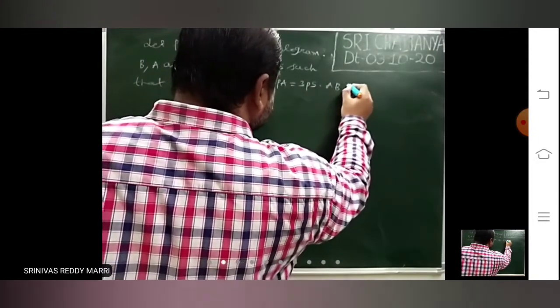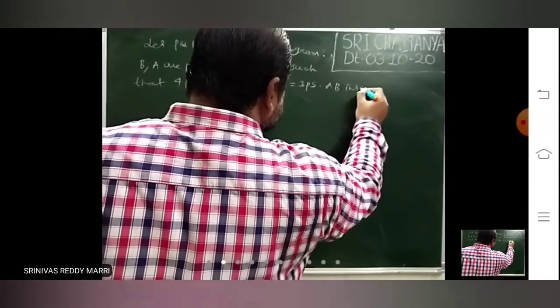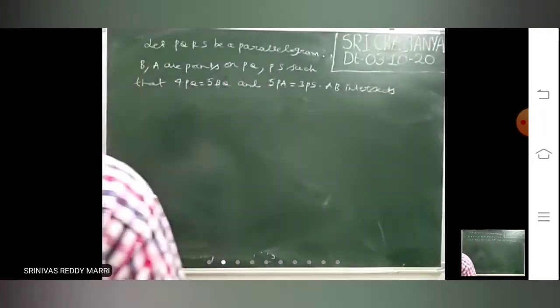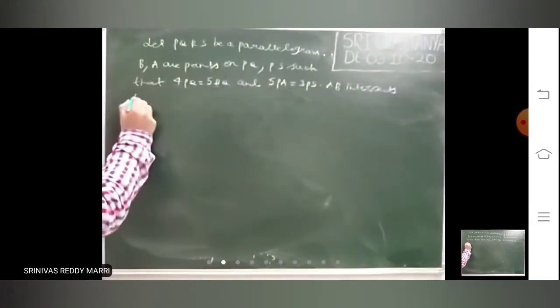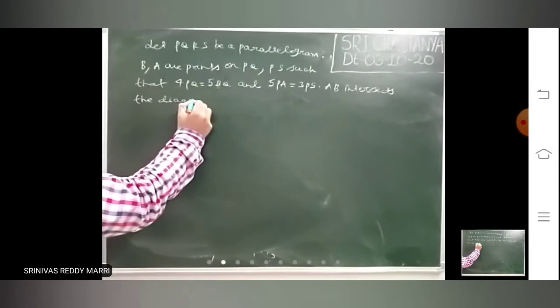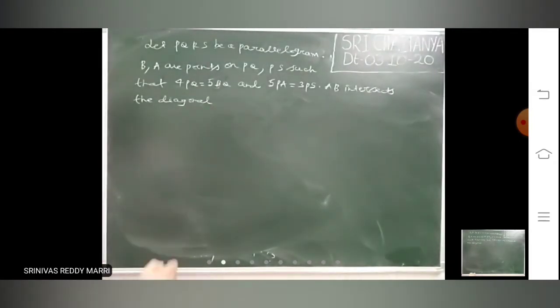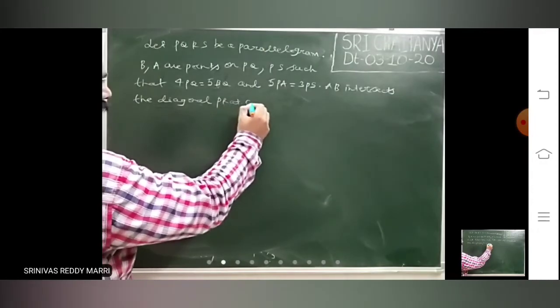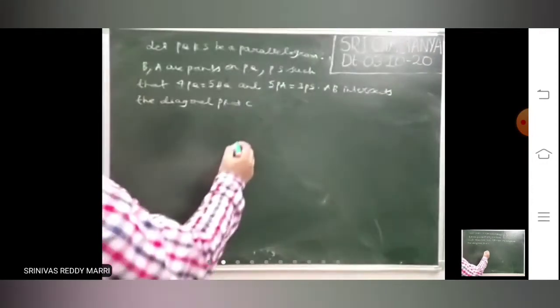What he is telling is AB intersects the diagonal PR at C.